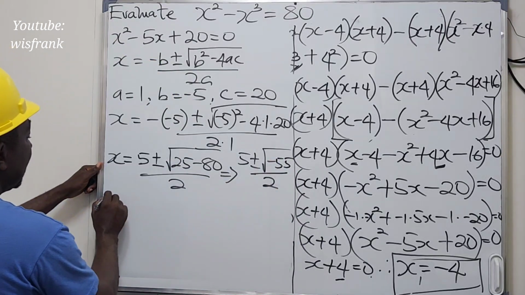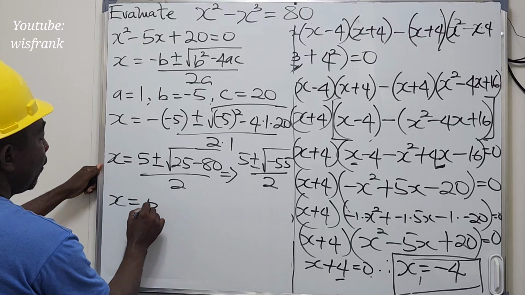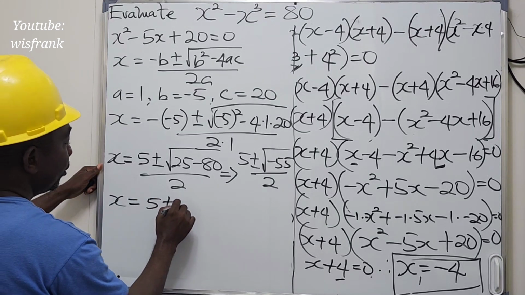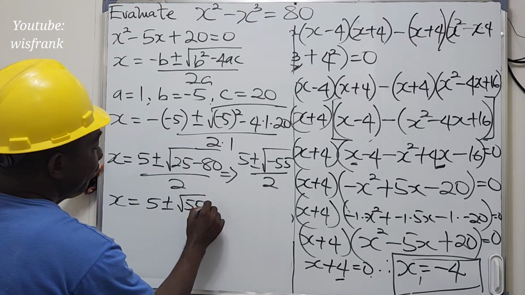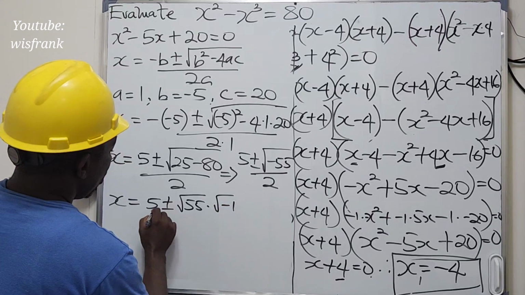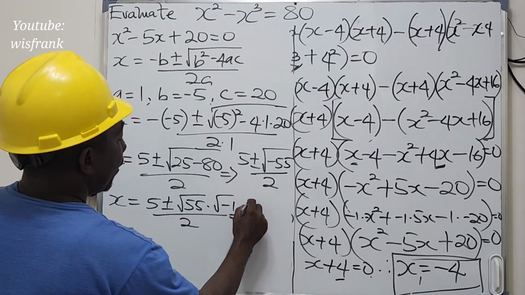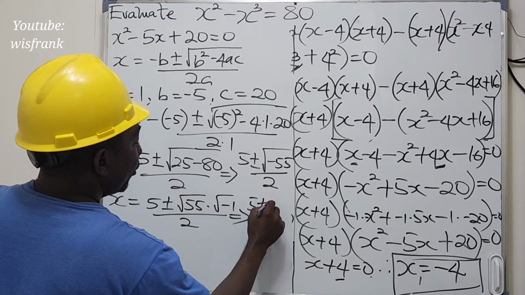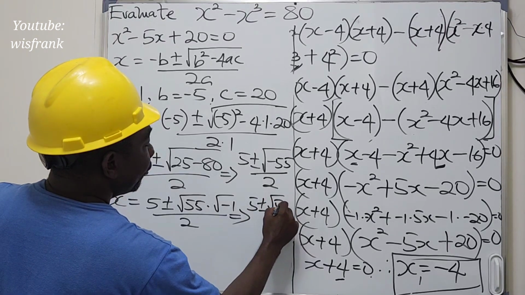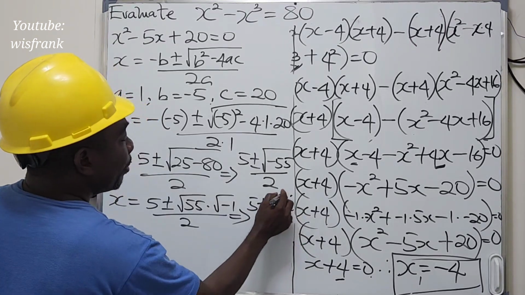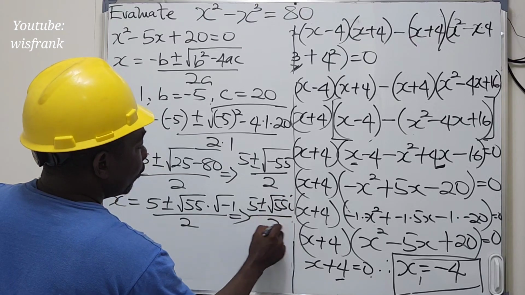This is the same thing as x equals to 5 plus or minus root 55 times root minus 1 all over 2, which will give us 5 plus or minus root 55i, because square root of minus 1 is i, all over 2.